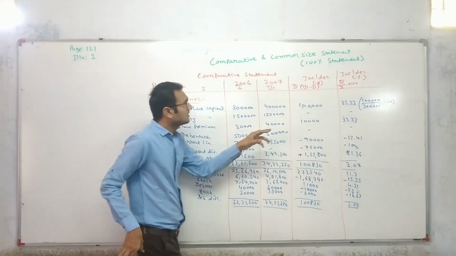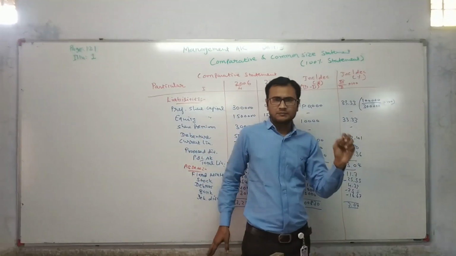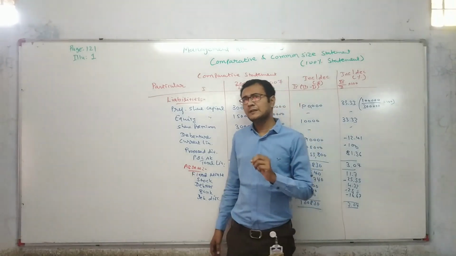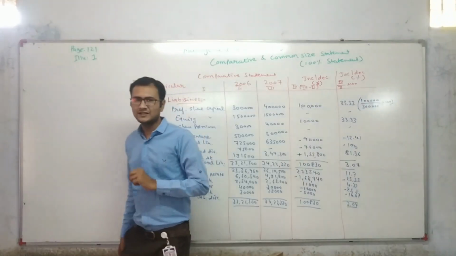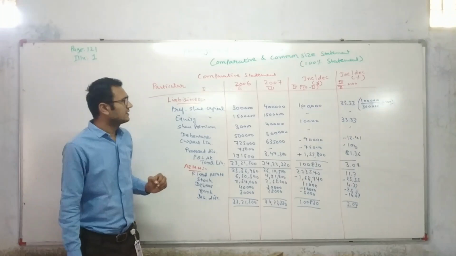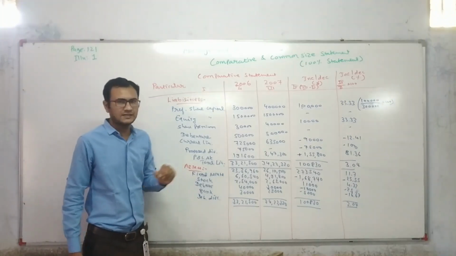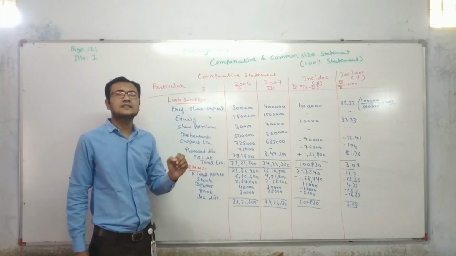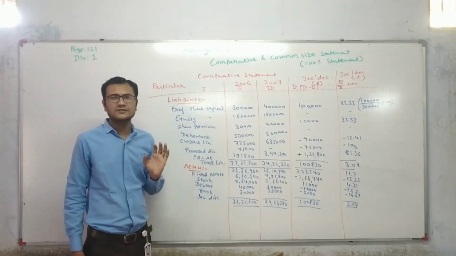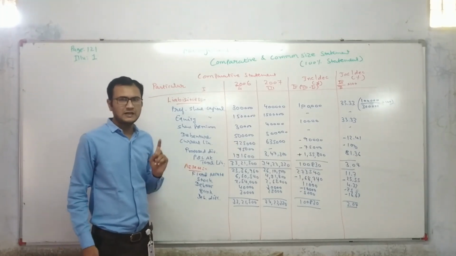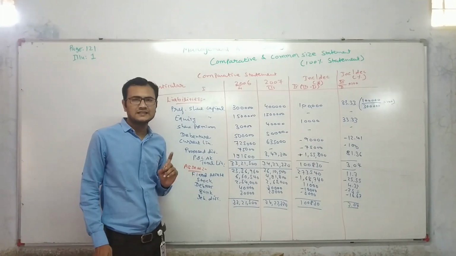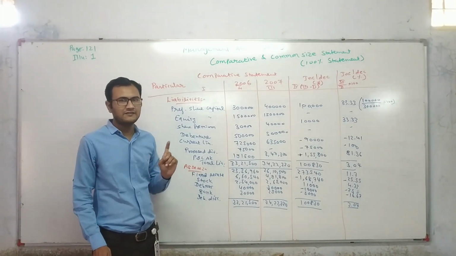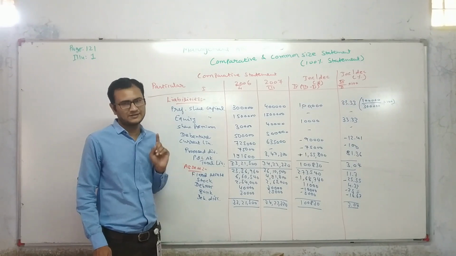Now in a common size statement, please remember that if the balance sheet is given and total of asset or liability, both are same, total of balance sheet is taken as the base to find out the percentage. So divide by balance sheet total.